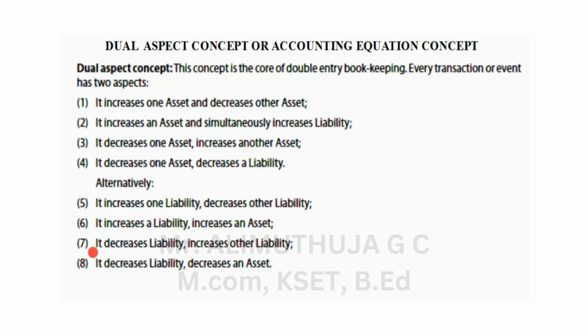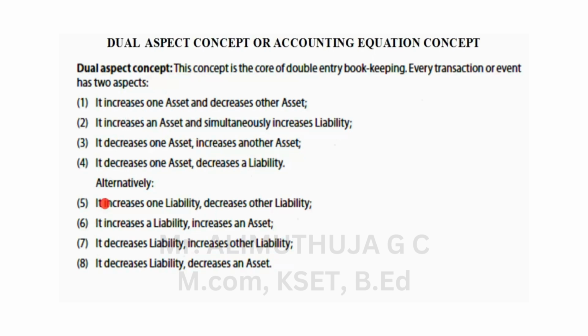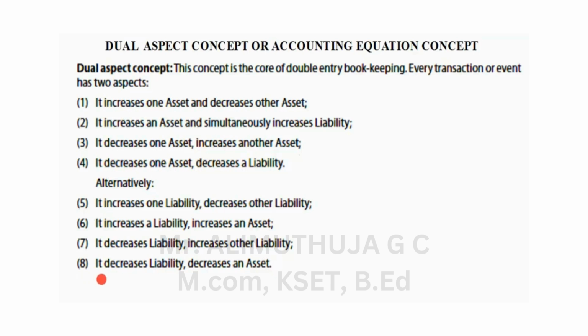This point 7 is just opposite to point 5, like point 3 is opposite to point 1. Lastly, point 8: it decreases a liability, decreases an asset, which means a decrease in liability, and a corresponding and equal amount of decrease in asset in the balance sheet. Now let us discuss all these 8 points with one example.